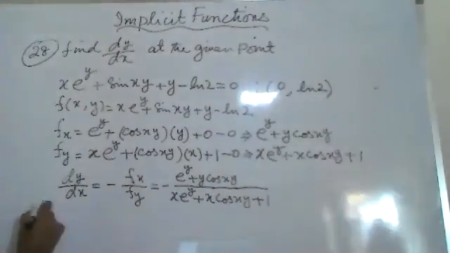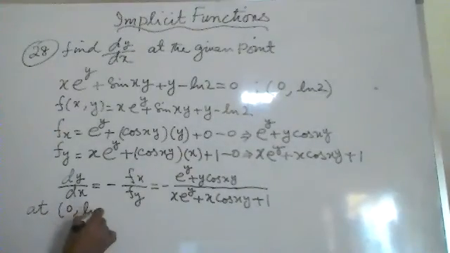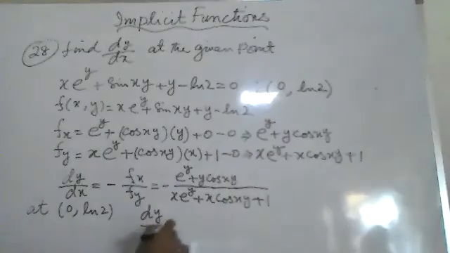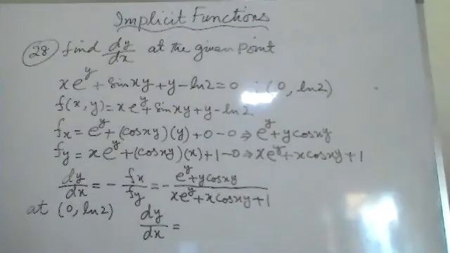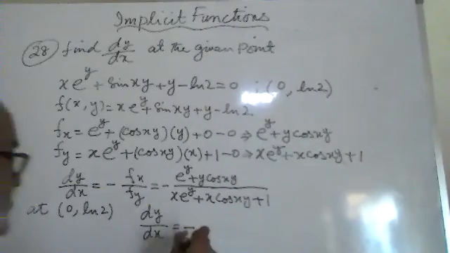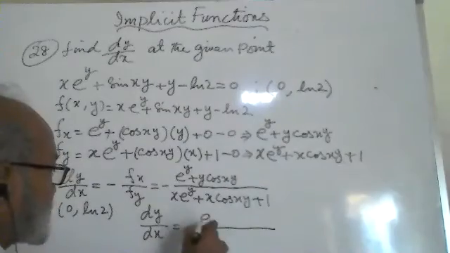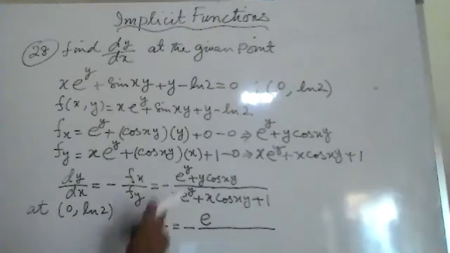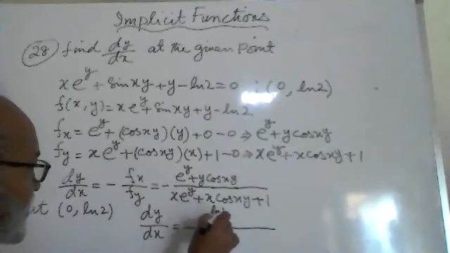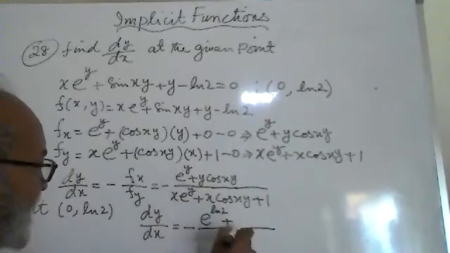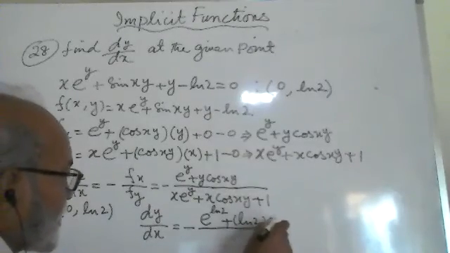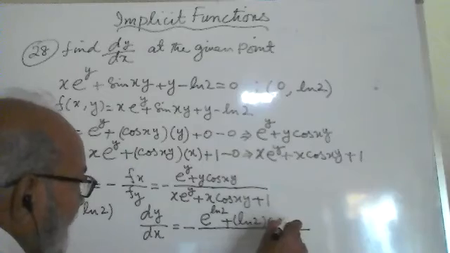So at (0, ln2), dy upon dx will become minus e raised to power y, e raised to power y, y is ln2, plus y, ln2, into cos of xy.